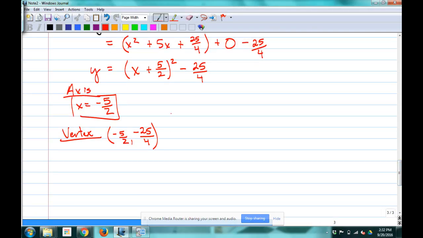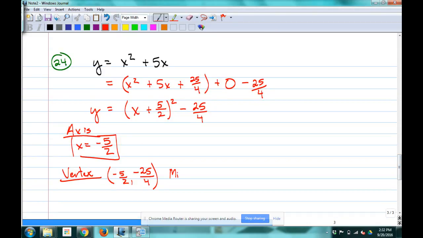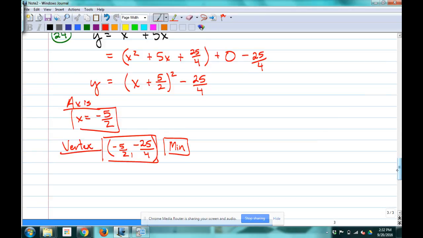Is that a maximum or a minimum? Try again. It had to be a minimum, because what's a in this problem? +1. That means this thing opens up. It's a minimum. Okay. So once we found the vertex, we want to find the focus.